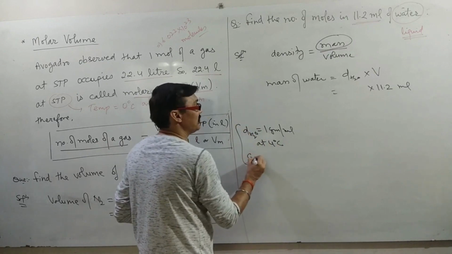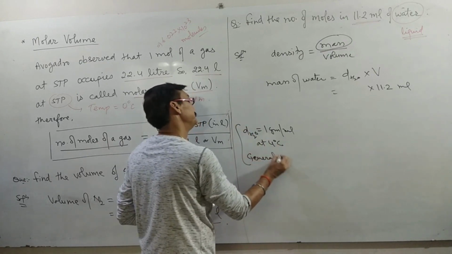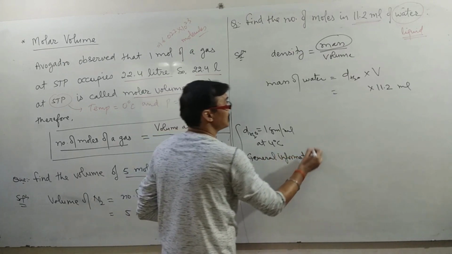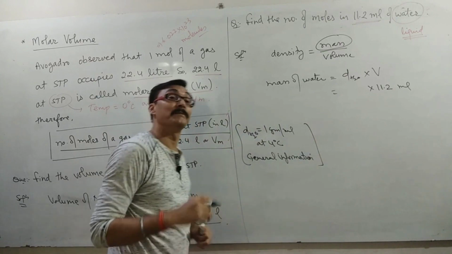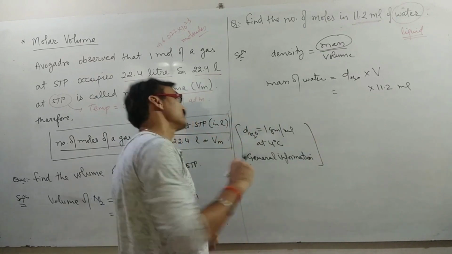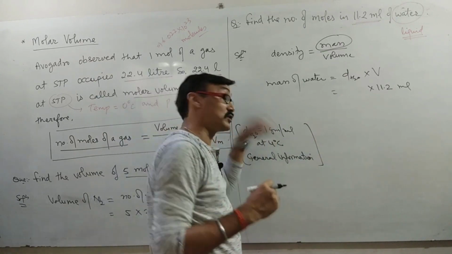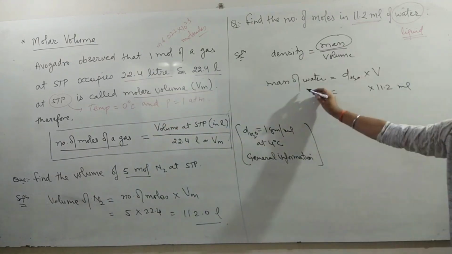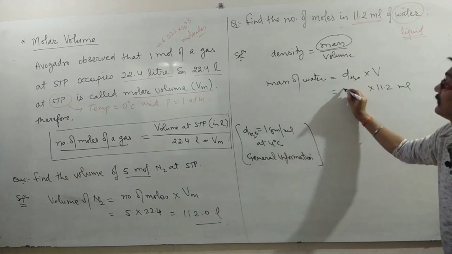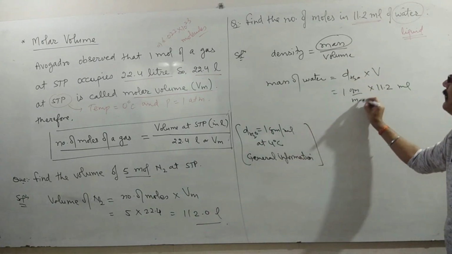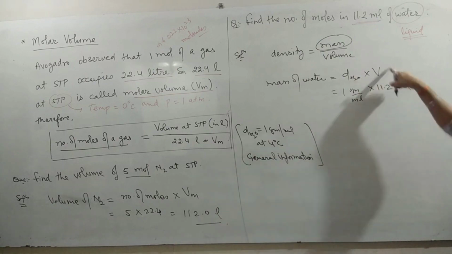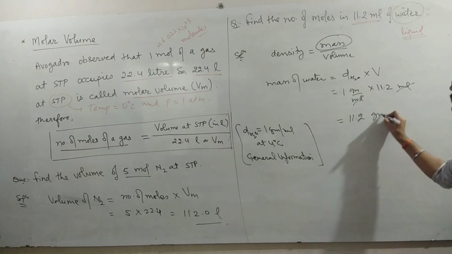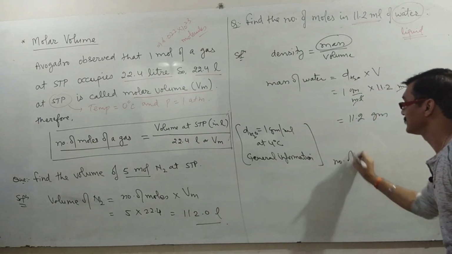It is general information. So sometimes questions are based on general information also. We will give another question based on general information. Now the mass of water is equal to density 1 gram per ml into volume of water, which is 11.2 gram.